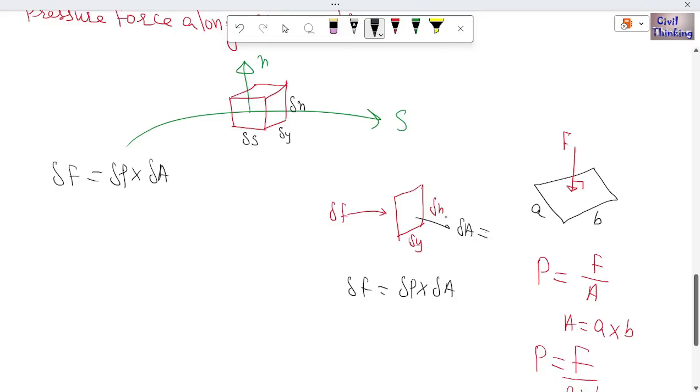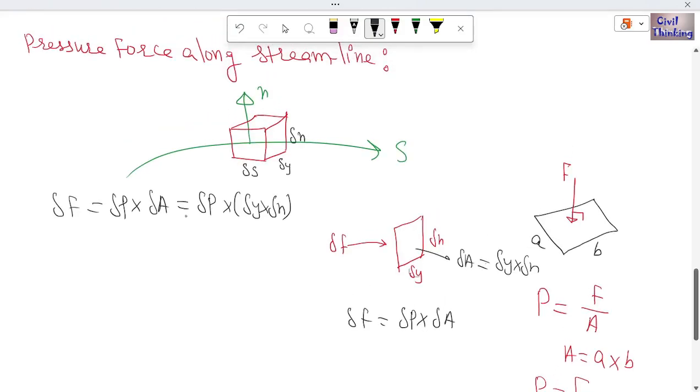This dimension multiplied by this dimension, delta Y times delta N. So I can write delta P multiplied by delta Y times delta N. This is the pressure force.